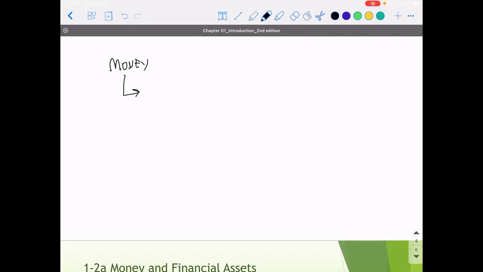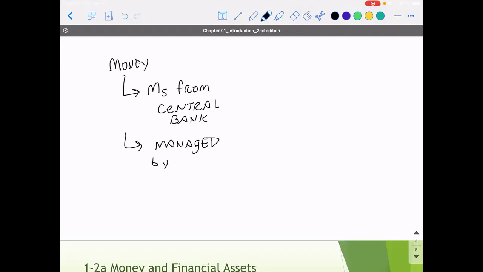First there is money, right? Money that is supplied from a central bank. And it's managed by banks, people, and businesses.